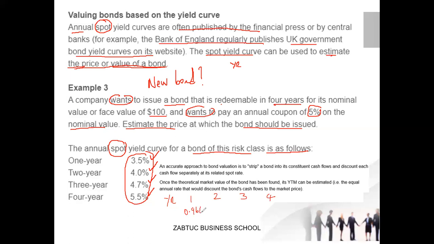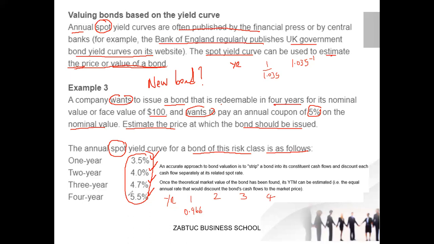So I guess how you found it was 1 over 1.035, or what we covered as 1.035 to the power minus 1.